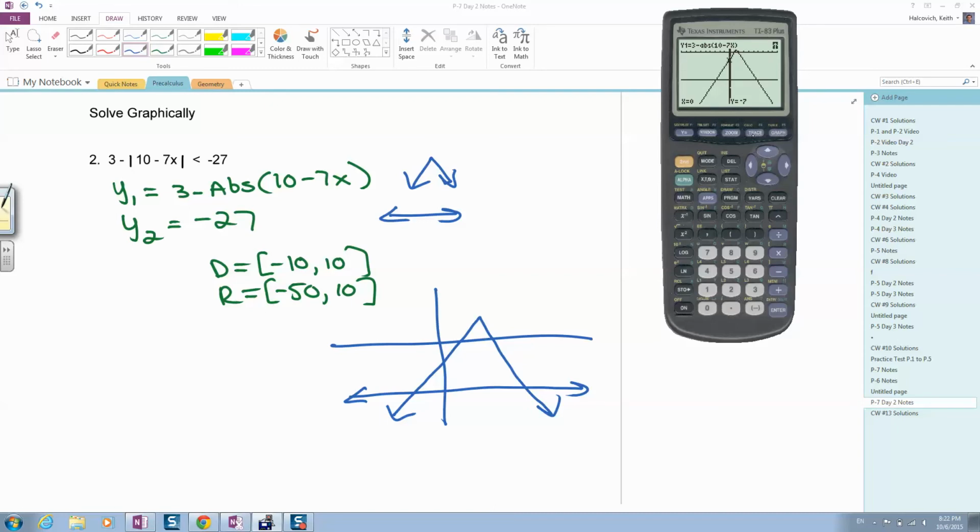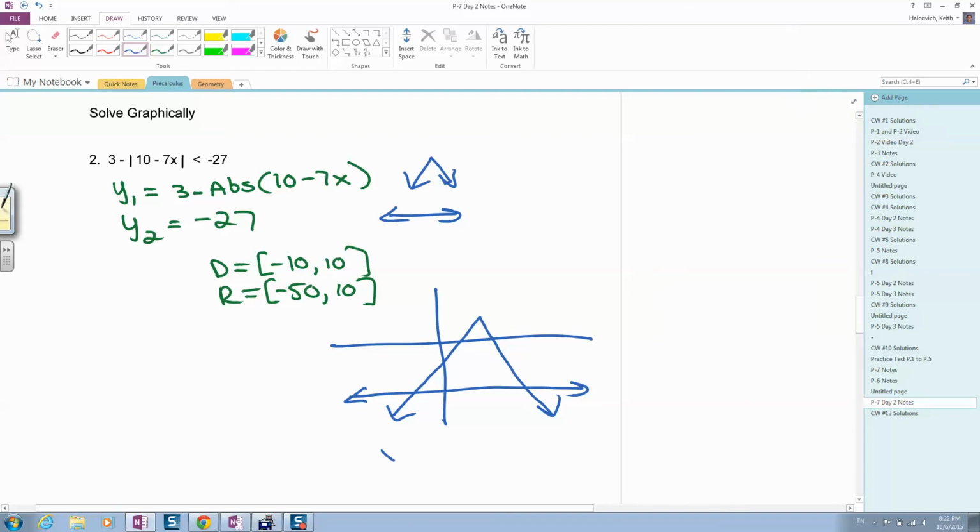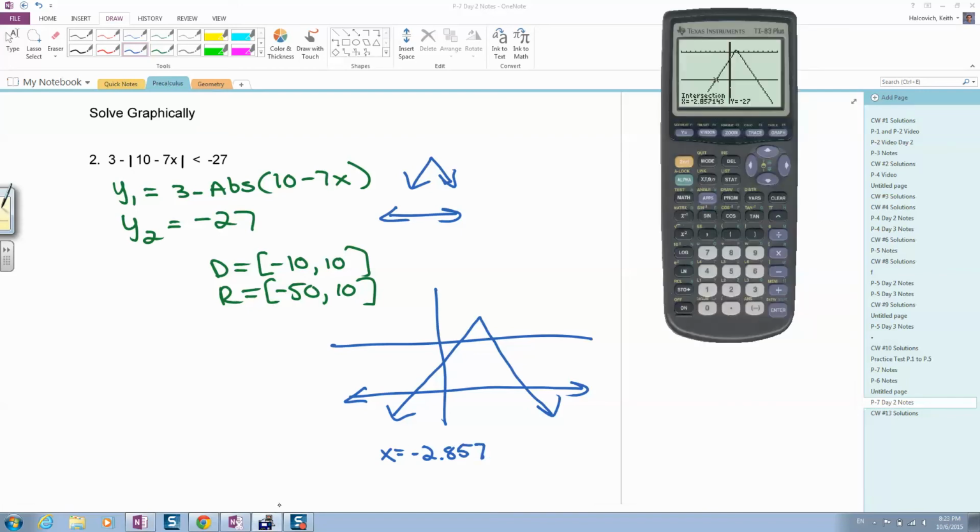Second trace, intersect, and you get negative 2.857. Then you trace.